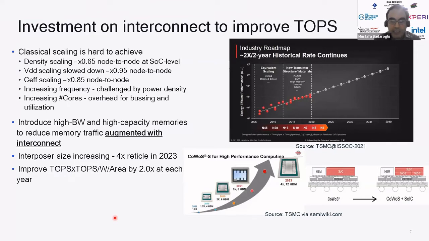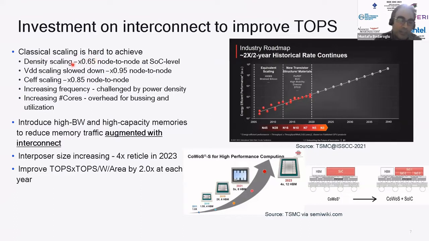So you see clearly, reaching the goal of performance improvement, especially with the new technology nodes, is getting extremely difficult. And so one way to improve the performance is to invest in system level interconnect. One of the main reasons is that classical density scaling is not going to continue, particularly for the SRAM.